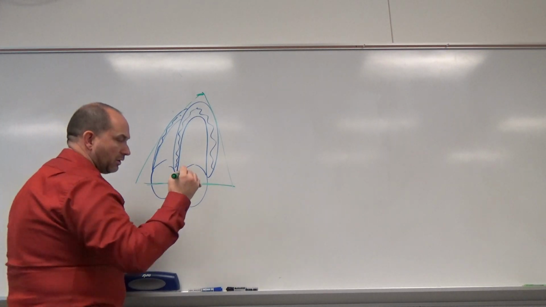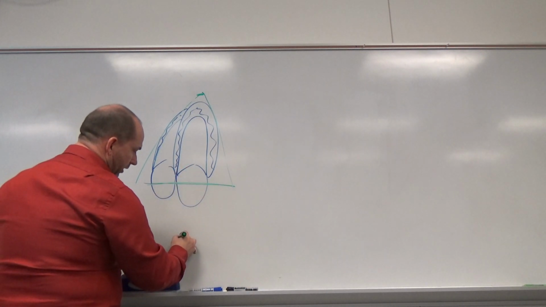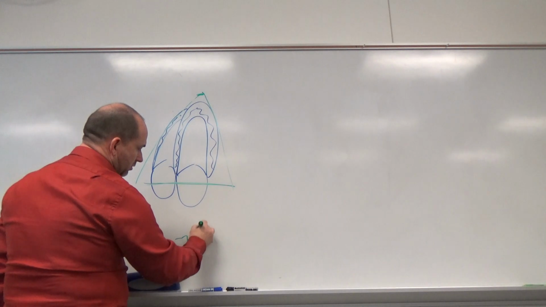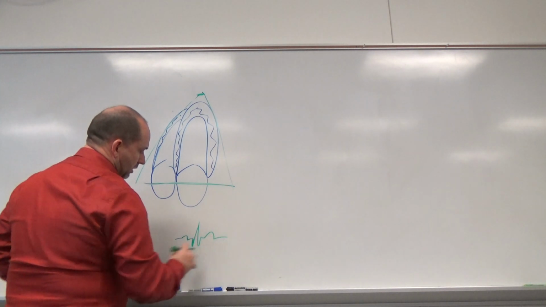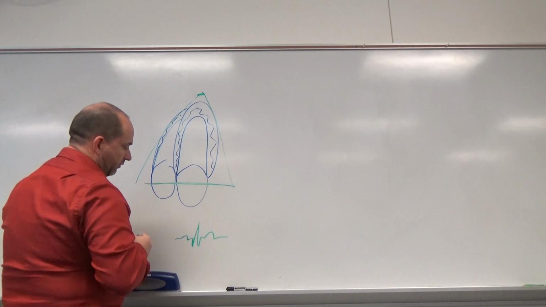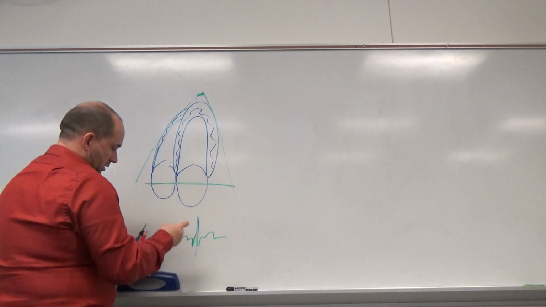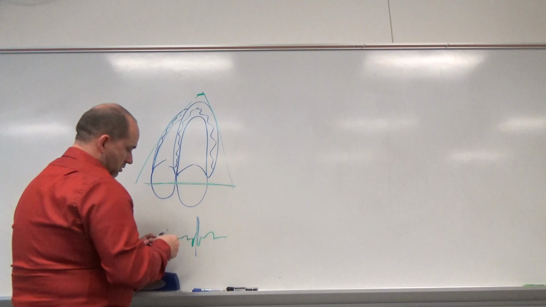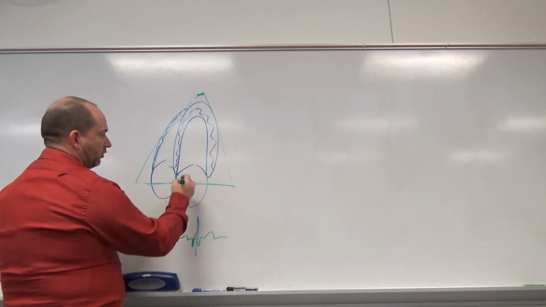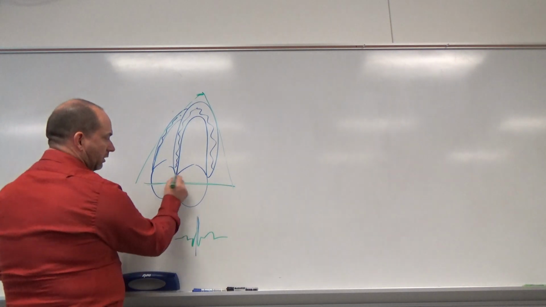Then what you're going to do is in diastole, right on the R wave, scroll to that point, and we are going to measure the inner walls of that, starting at the annulus.